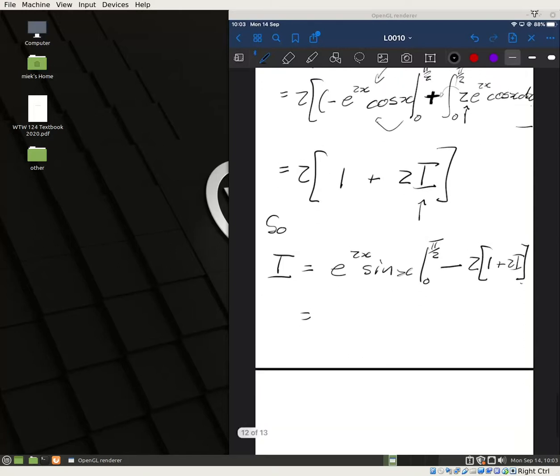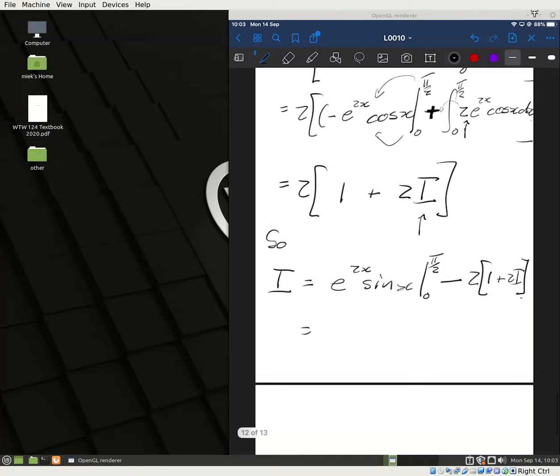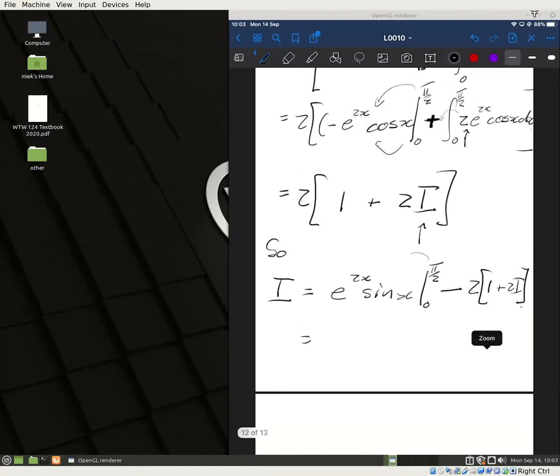Okay. And now, if we evaluate at 0 and pi over 2, what we get is e to the pi minus 2, and if we simplify a little bit, we get minus 4I over here.